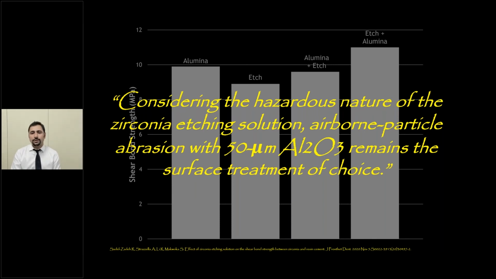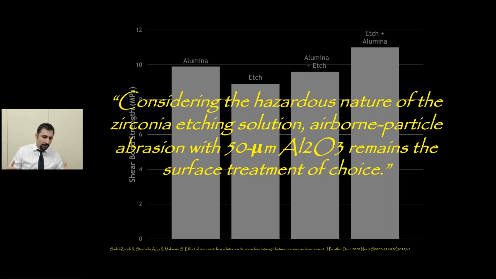In other words, there are too many hoops to jump through to etch zirconia, like having a special acid, investing in that, having a special place to isolate that acid so we make sure we don't harm anybody, and then leaving it in for a longer period of time. Then we have to glaze it again. So too much work to gain the same bondability if we can just use alumina particles for 10 seconds.